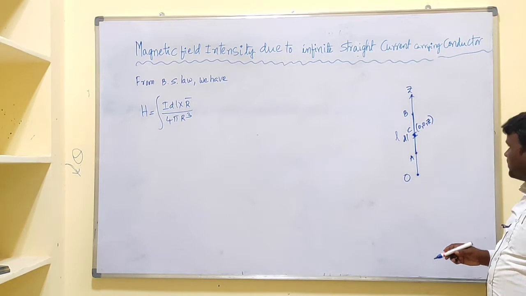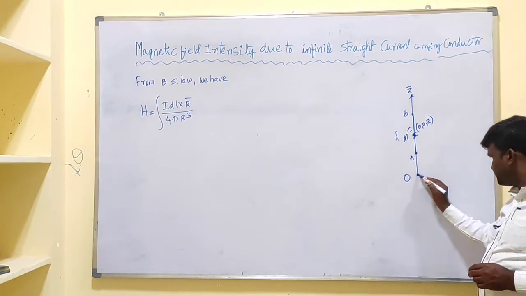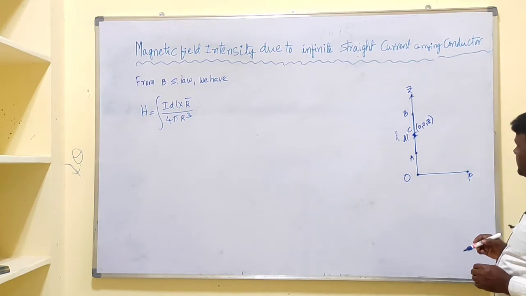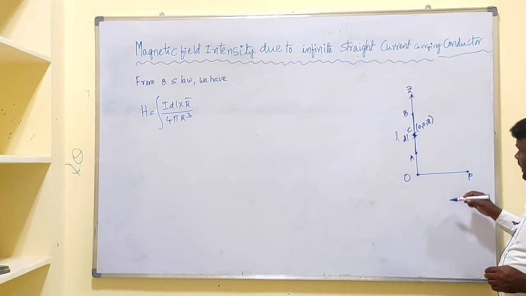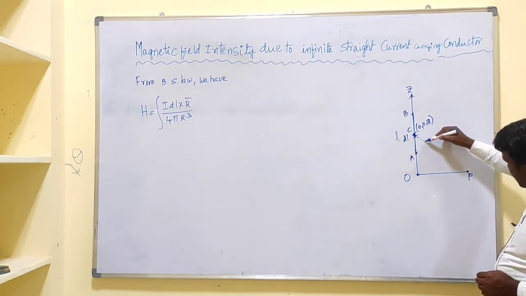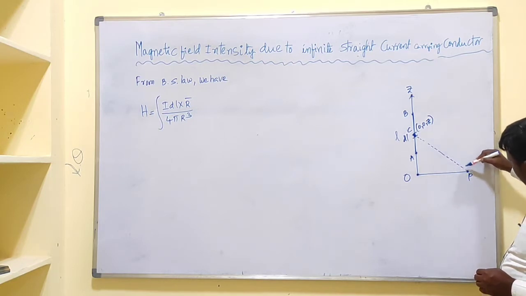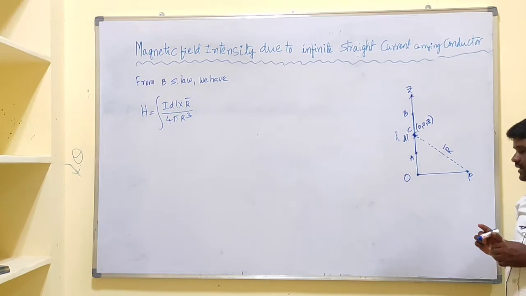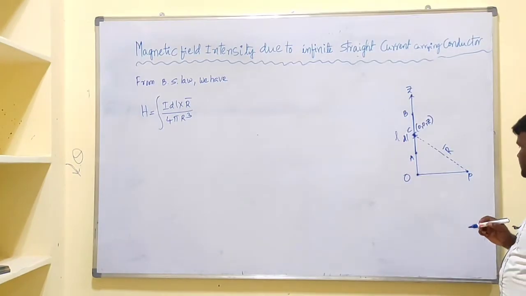Now let us consider a field point at this location from the origin. If I join the source point and field point, I will get a distance vector, which is the distance between the source point and the field point. P is the point of interest.